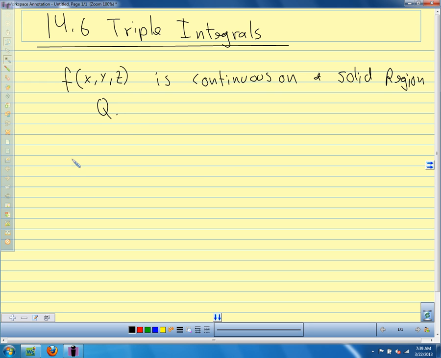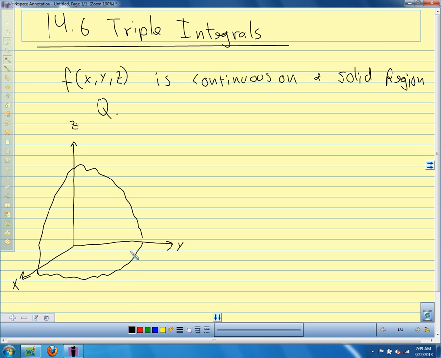So to set this up, here are our axes, and we have some solid in the first octant. And the solid is given by our function f of x, y, z.